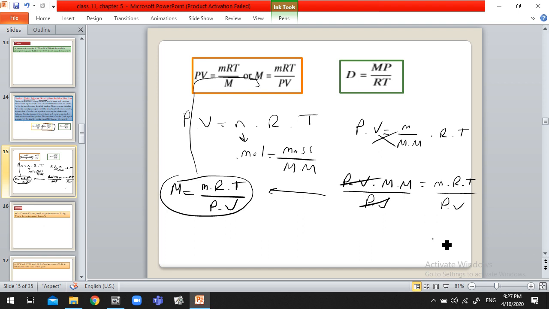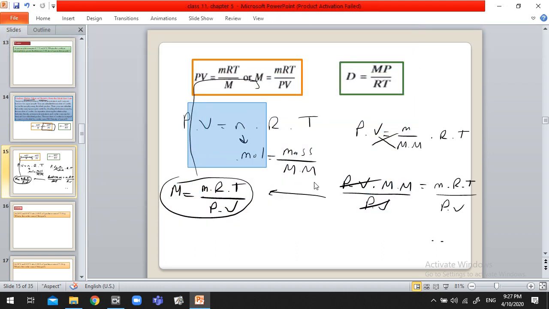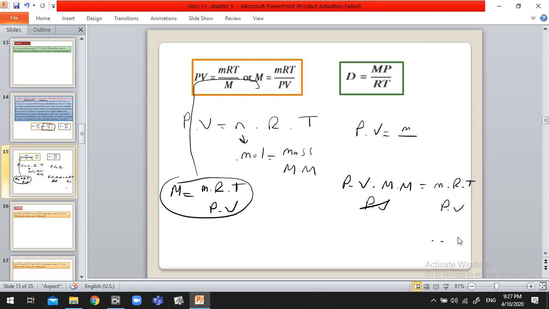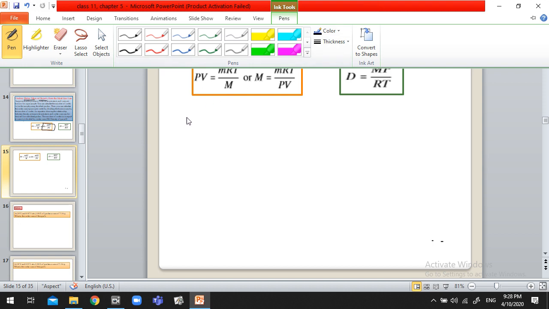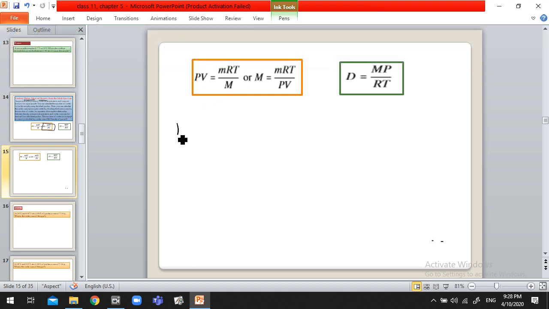First, let me clean this part. What about density? Also, guys, we use the same way as with the molar mass. How? Do you remember P times V equals mass over molar mass times R times T, isn't it?